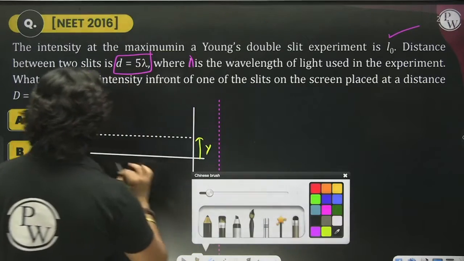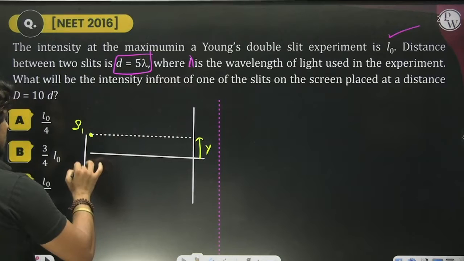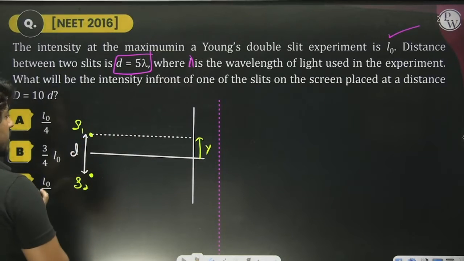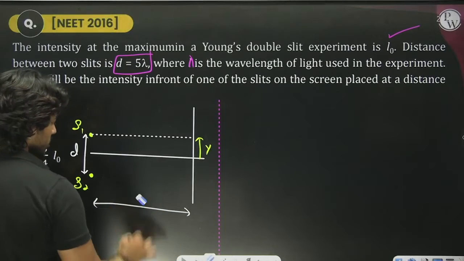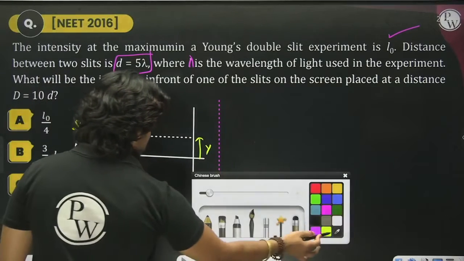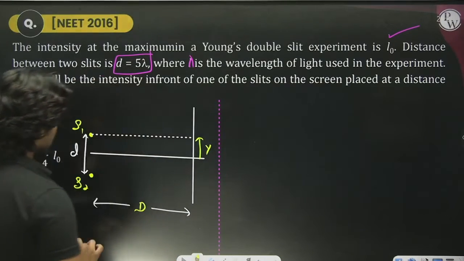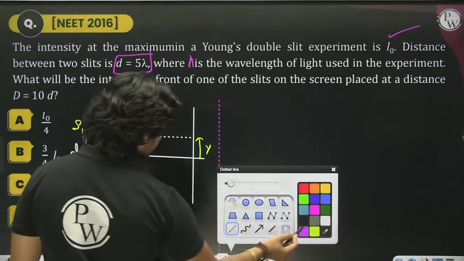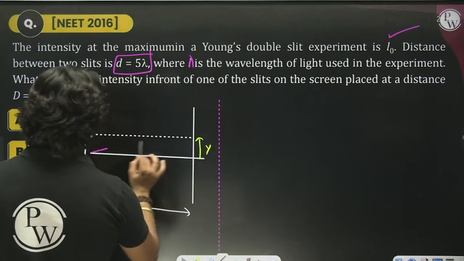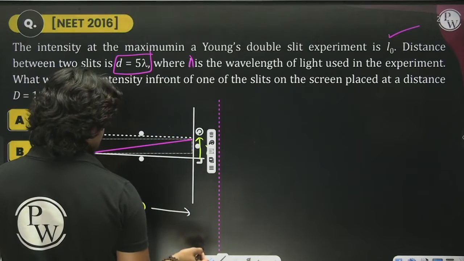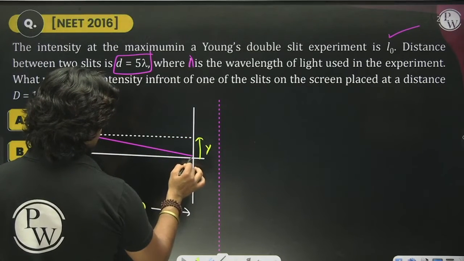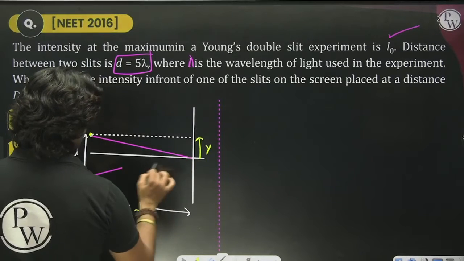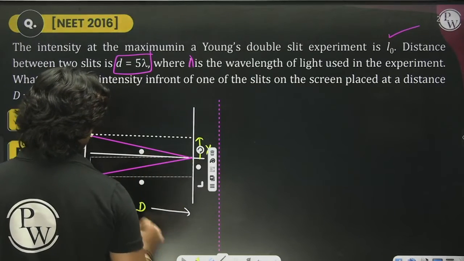And what is this distance being given to you? This is D. This distance being given to you, how much? This is capital D. Now see. This is the case of maxima, the initial case of maxima.